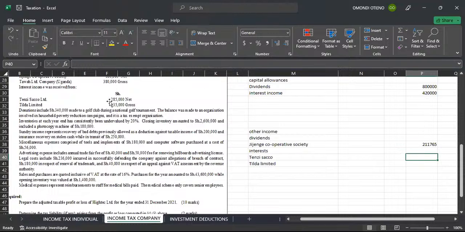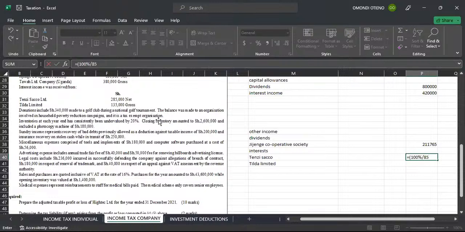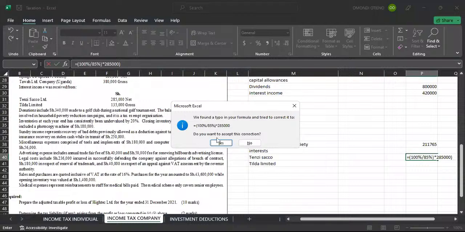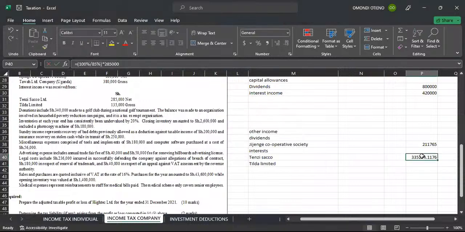The real value we will put if 85% is equal to this, 100% will be how much? 335,294 is equal to 100%, divided by 85%, then we multiply by 285,000. If you multiply, that's what we are getting.